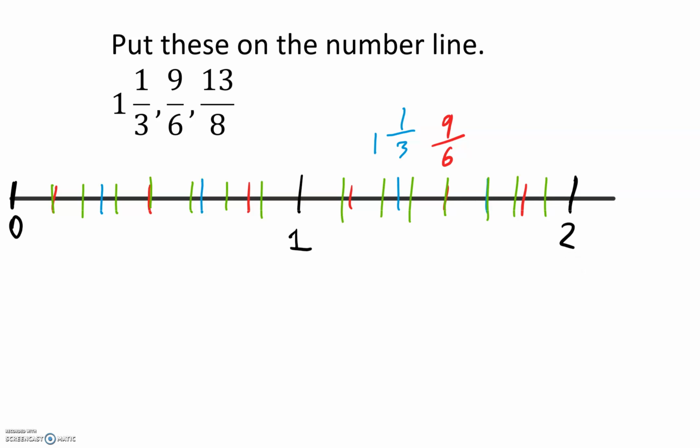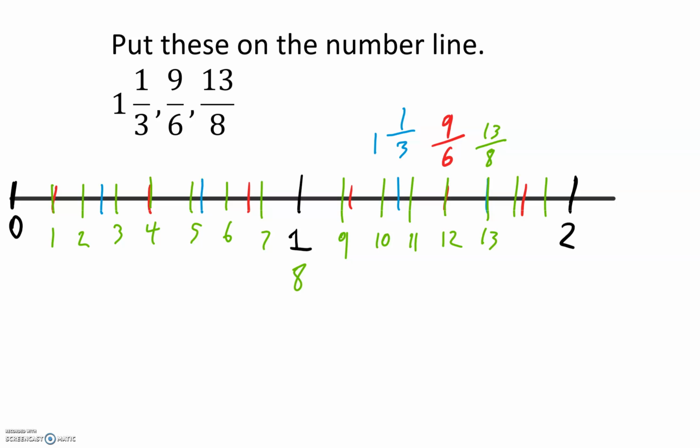Okay, it's close. So now we need to count up to 13. So we can go 1, 2, 3, 4, 5, 6, 7, 8. And we know that 8 over 8 is 1, right? So then 9, 10, 11, 12, 13. So roughly here-ish is going to be 13 eighths. And just in case, for those of you who don't trust me, 9. Okay?